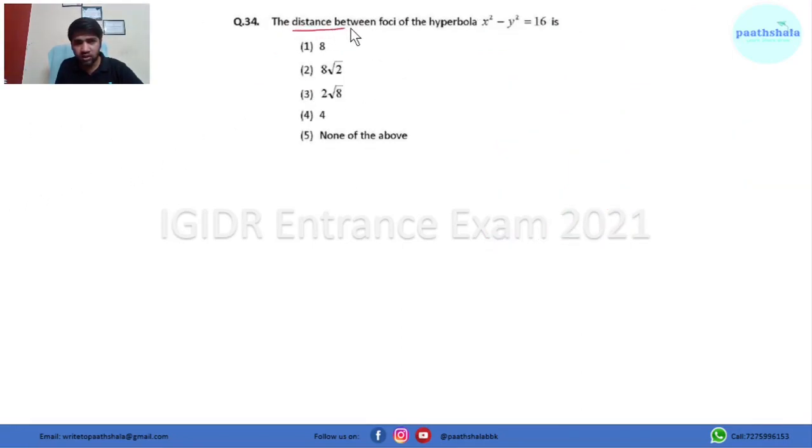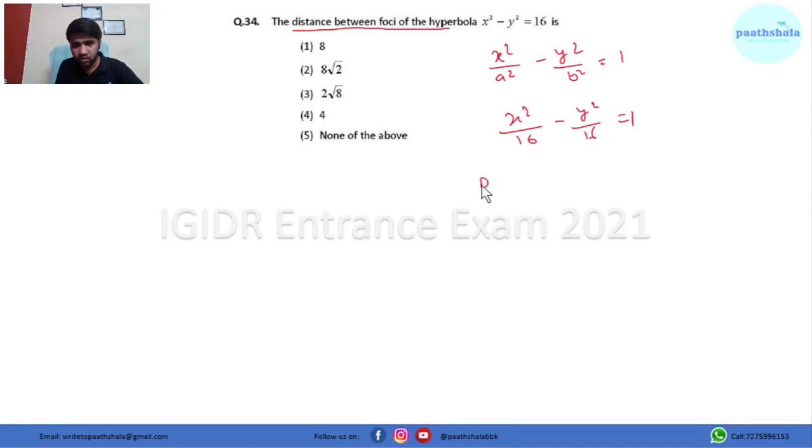The next question is asking to find the distance between the foci of the hyperbola. The standard form of a hyperbola is x square upon a square minus y square upon b square equals 1. So here this will come out to be x square upon 16 minus y square upon 16 equals 1.